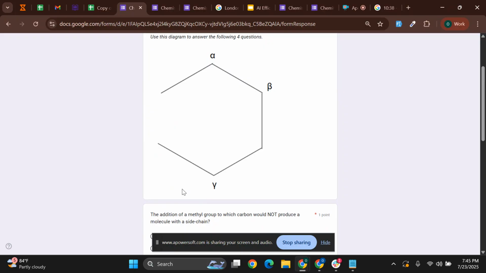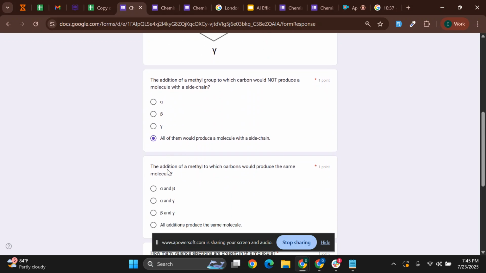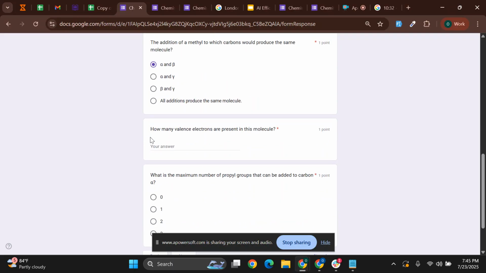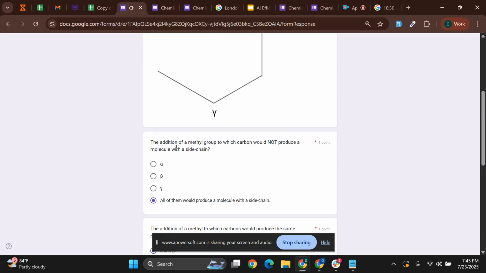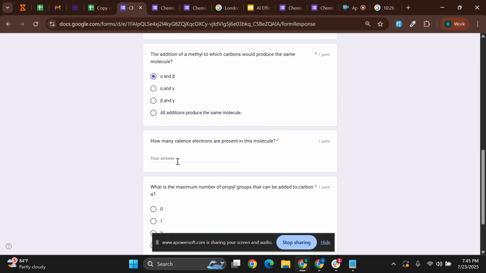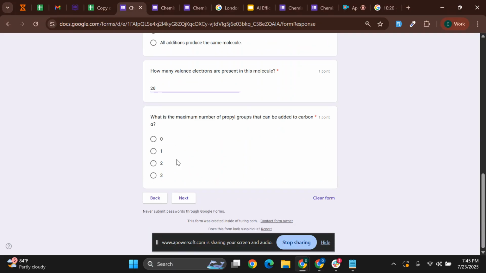So it will be, I think, 26. What is the maximum number of propyl groups that can be added to carbon alpha?